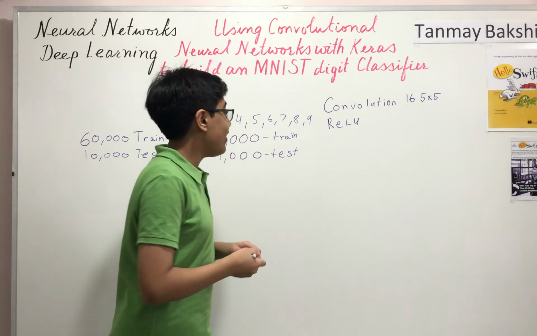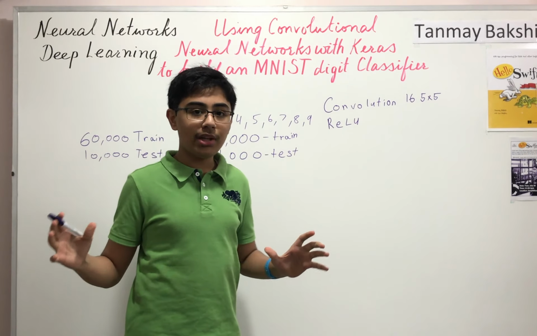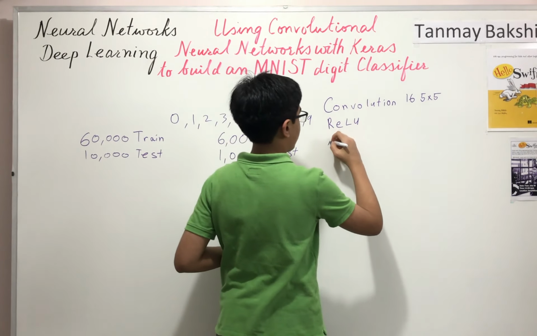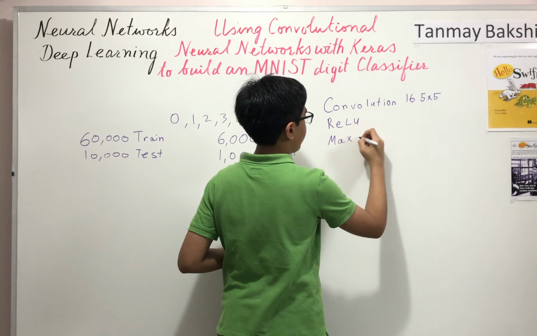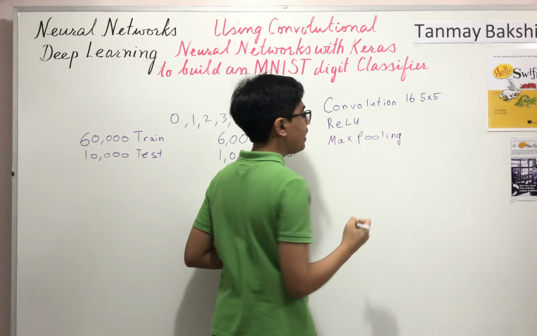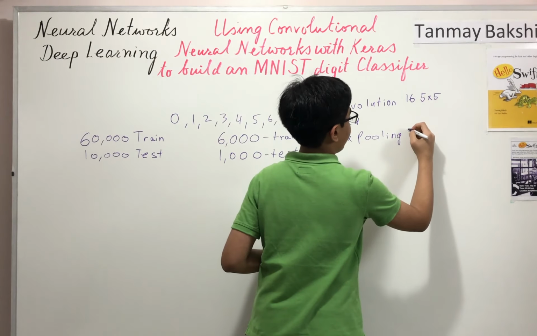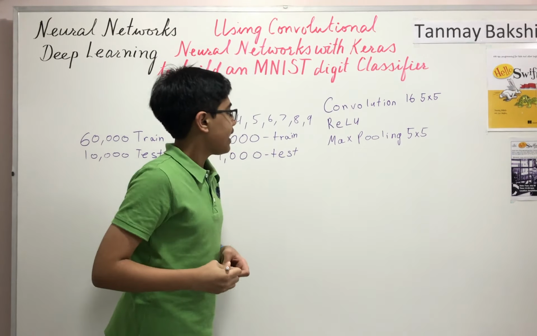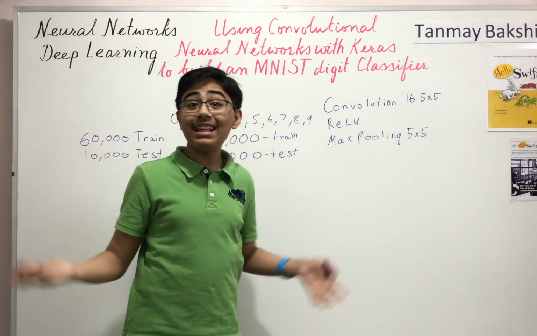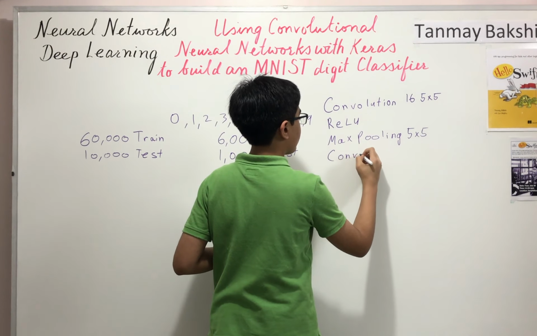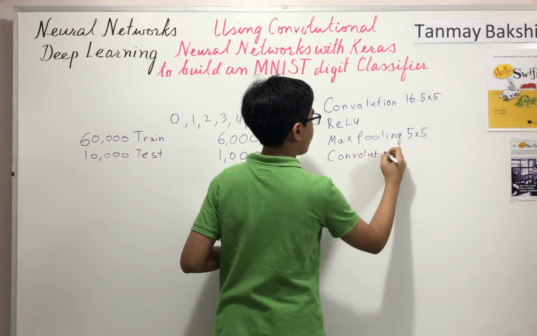Alright, so after our activation function, we're going to make our image much smaller by doing something called max pooling. So of course we're going to have a max pooling layer. And so here we've got a 5 by 5 size. And after that, we practically just repeat the cycle. We have one more convolution layer.